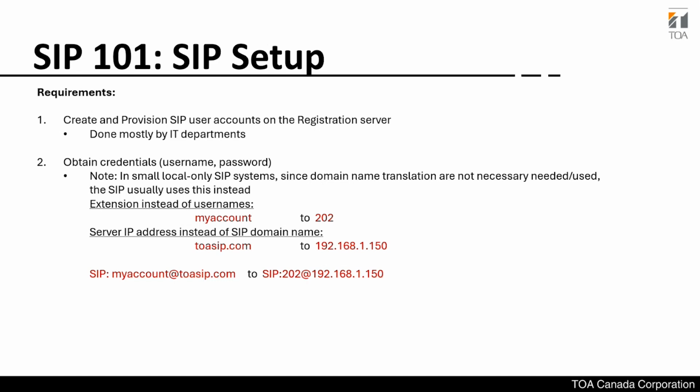Usually on a cloud-based account it will be, for example, myaccount at toac.com. But on a local one, it will be 202 at the IP address of your local SIP server. This is what I usually see in our projects, that we mostly use local IP addresses and local SIP servers for small and medium projects.